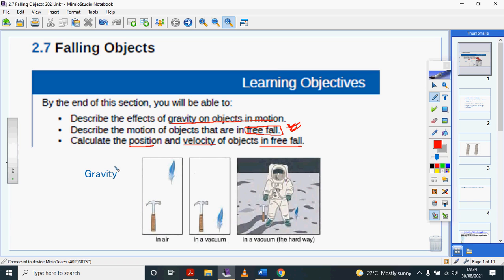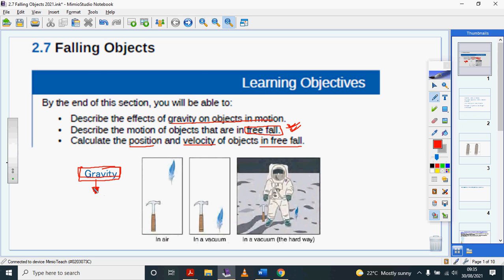So before we go any further, we need to talk about gravity. I don't know how you define gravity or describe gravity, but take a second to think about what your definition of gravity is. Gravity technically is the force with which objects, or the acceleration of objects towards the center of the earth. You can think of gravity as a force, in which case it would be called a gravitational force.